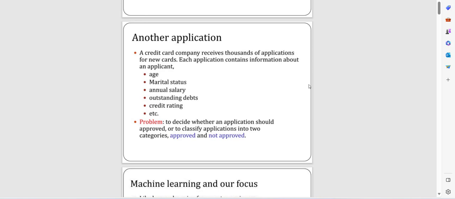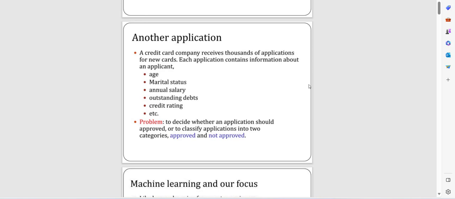You can design a machine learning algorithm, and it will give you the actual results, according to the features like age, annual salary, outstanding debts, credit rating and other features, whether this person should be approved for the loan or not approved for the loan.